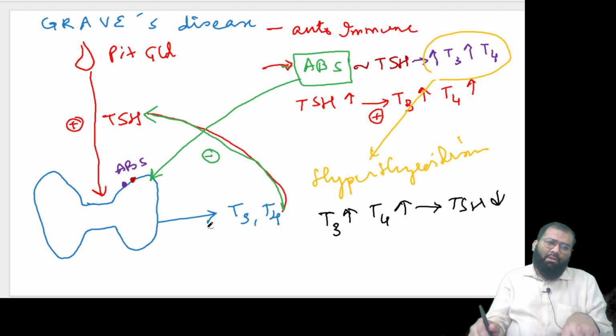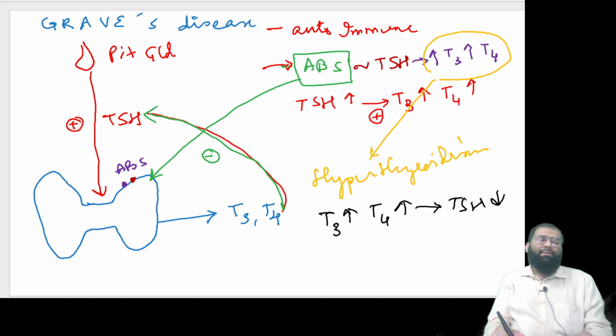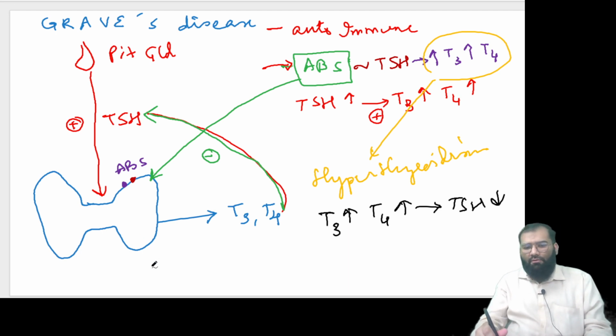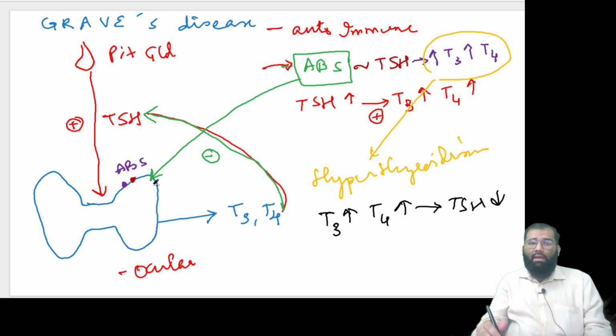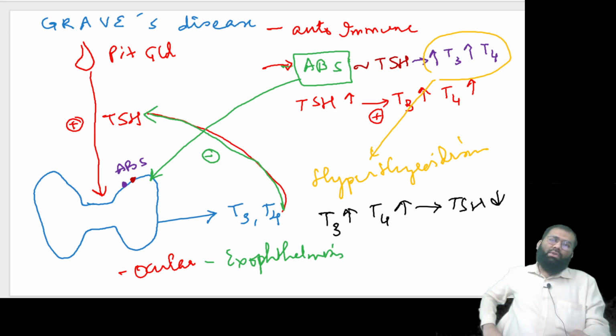Now let us discuss Graves disease in brief, and then we will see the various image findings. The most important finding in Graves disease is ocular involvement, that is, involvement of the eye, and the classical presentation is exophthalmos. Exophthalmos is proptosis of the eyeball.